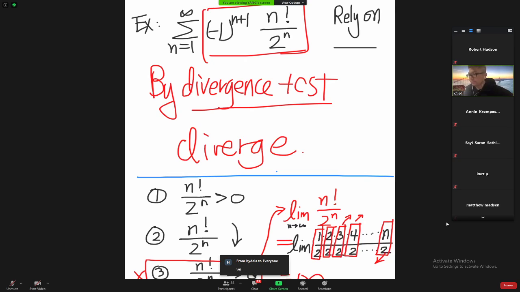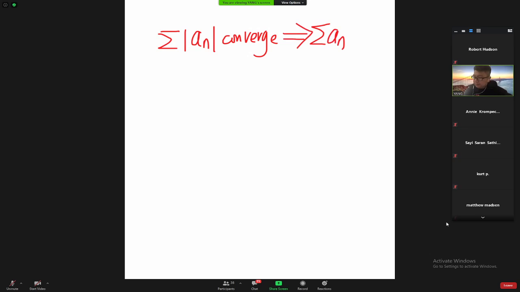Frozen again. Okay, so this is a very good example, because sometimes when you get absolute divergence, you couldn't tell anything about the original series. Many people make this kind of mistake. Let me restate. If this one converges, then this one converges.